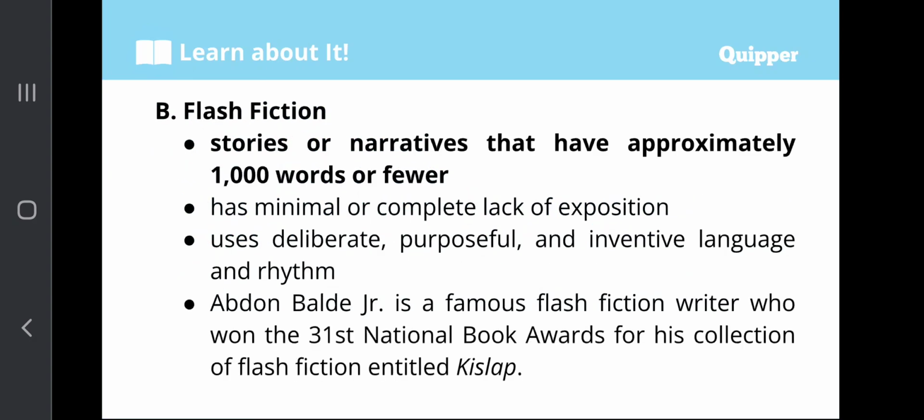Another, flash fiction. Flash fiction are stories or narratives that have approximately 1,000 words or fewer. This has minimal or complete lack of exposition, and flash fiction uses deliberate, purposeful, and inventive language and rhythm. Abdon Balde Jr. is a famous flash fiction writer who won the 31st National Book Awards for his collection of flash fiction entitled Kislap.